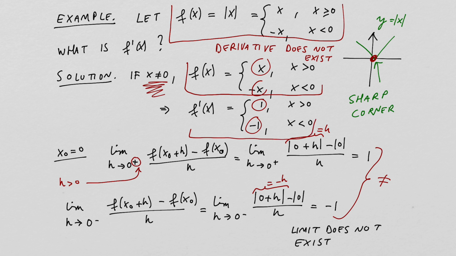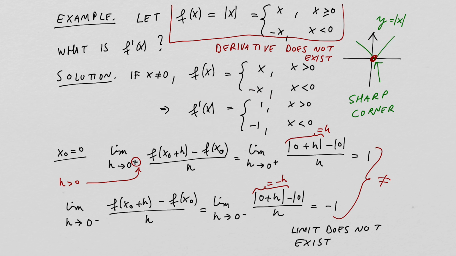So it seems that the derivative of f would be now a constant function. It would be constant minus 1 before the origin, and after the origin it would be constant 1. And in the origin the derivative of f will make a jump.